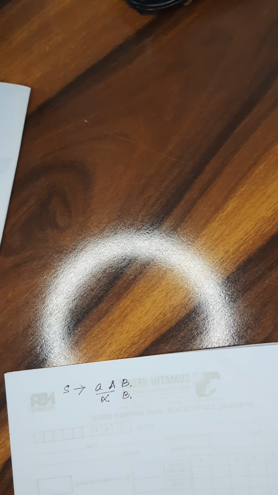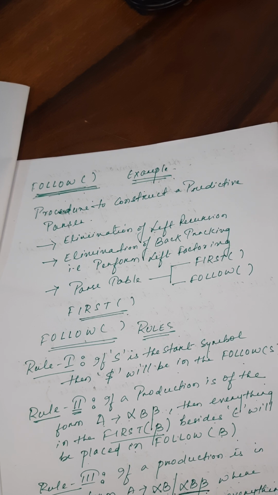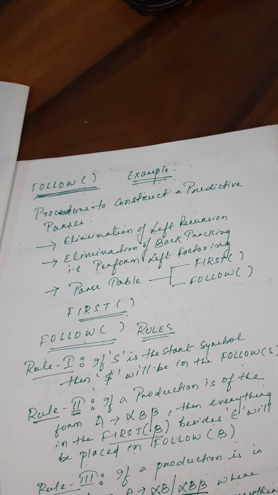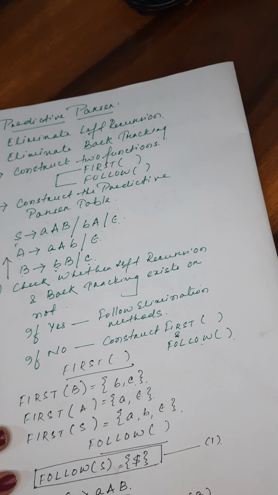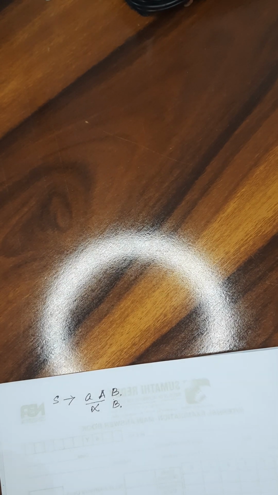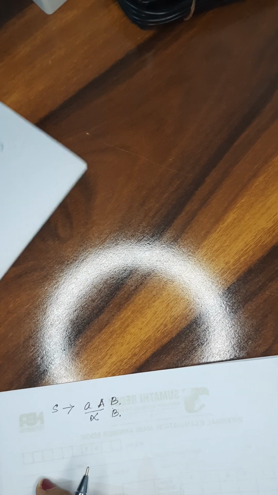Third rule is, if the production is in the form of A tends to alpha B or alpha B beta, where first of beta has epsilon, then everything in the follow of A will be in the follow of B. But here, first of beta has epsilon, alpha B beta I have already applied over here, it is not having epsilon, so alpha B is not applicable over here. Further I cannot do any changes to this, then I will go to the next production.